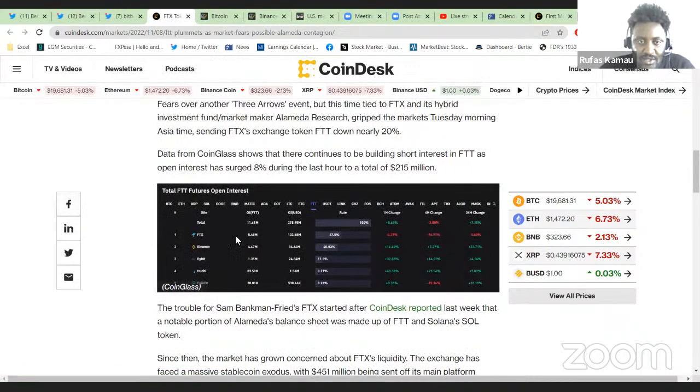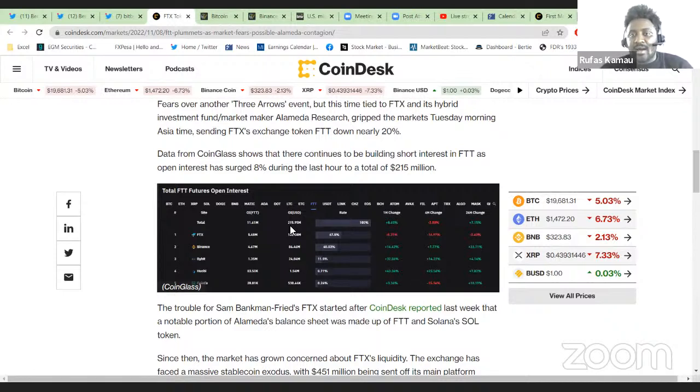This is the open interest, currently at $215.5 million. So around $215 million is on the short side of this coin. And if you look at the long side, this is $11.61 million. Unless they come up with more money to fight this selling force, the prices are almost guaranteed to keep going down. That is something we have to be aware of.